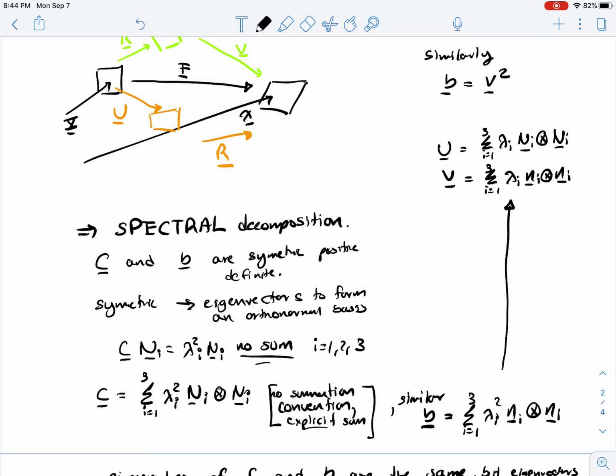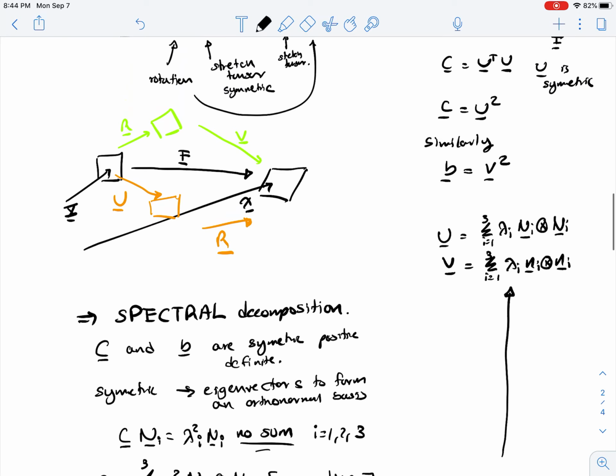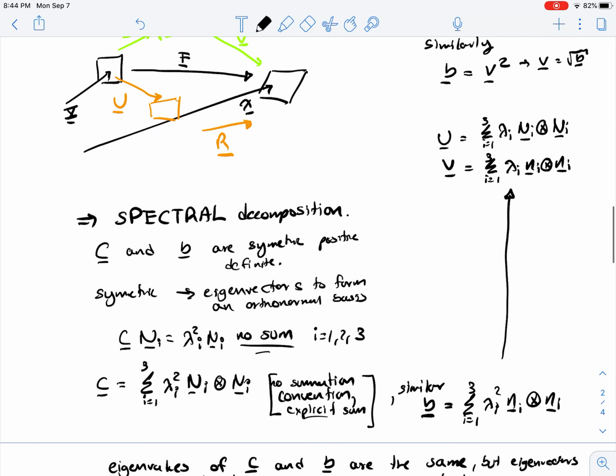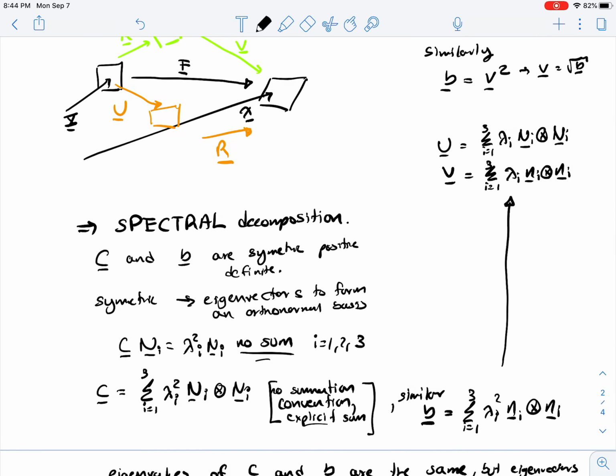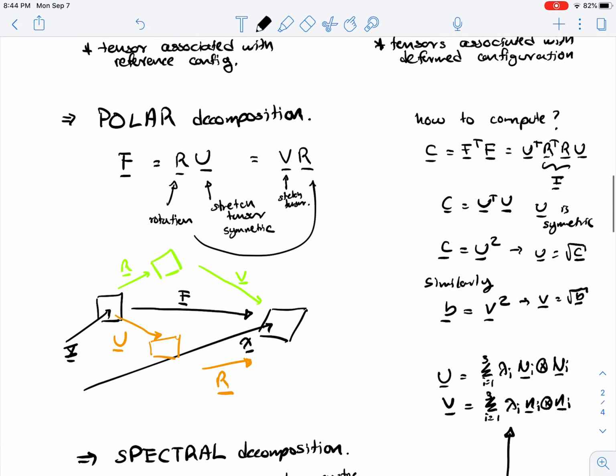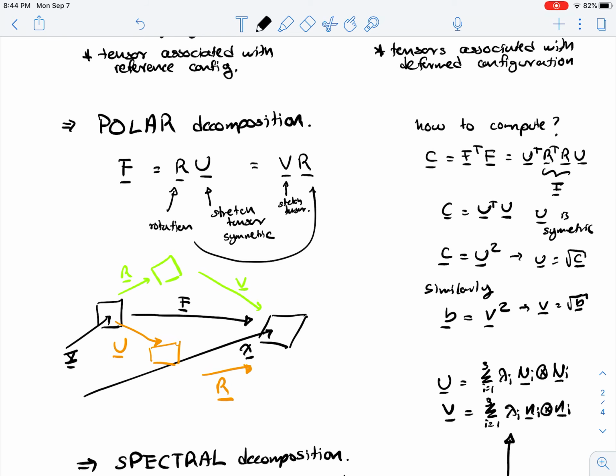These are the eigenvalues of C, but if I take the square root of those eigenvalues, I get the eigenvalues of U and V, and that's how I can compute this square root. I need to take the square root of C, how do I do that? Or the square root of B? Well, you can do it with the spectral decomposition of C and B.